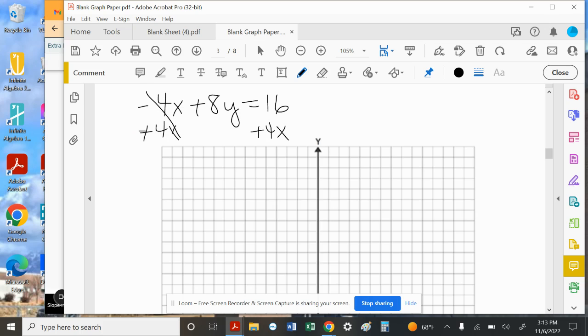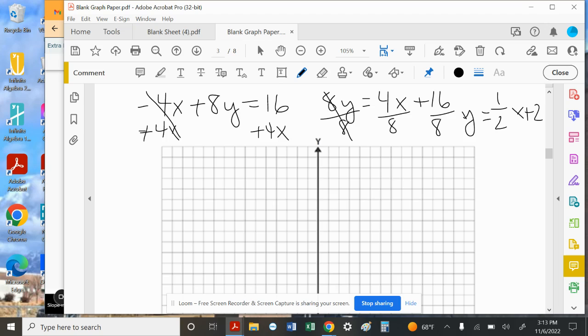These two, of course, cancel. We have 8y equals 4x, since it's positive, plus 16. We're then going to divide everything by 8. Those two cancel. We want the y all by itself. Of course, this reduces down, so we have y equals, and 4 over 8 is really 1/2 x, and 16 over 8 is just 2.